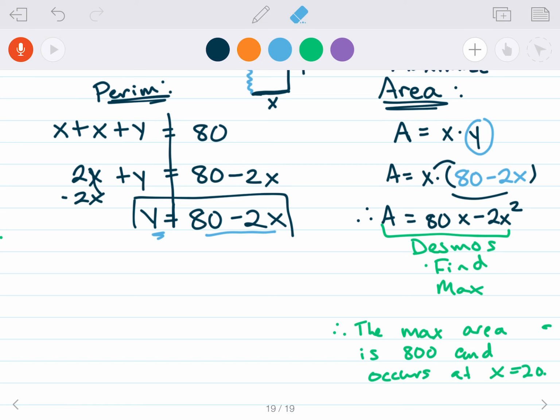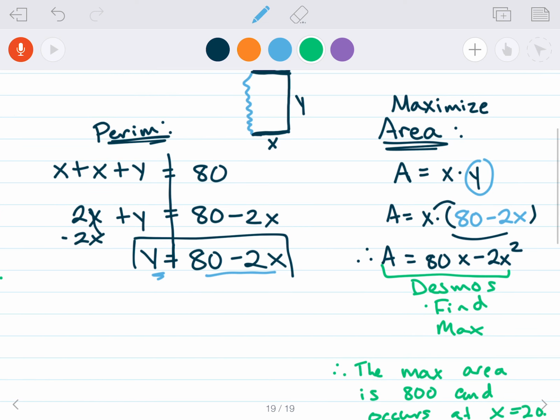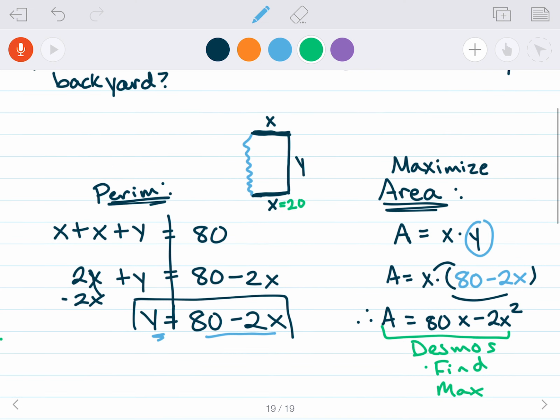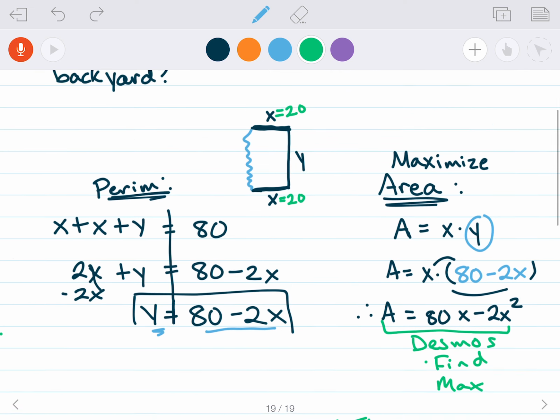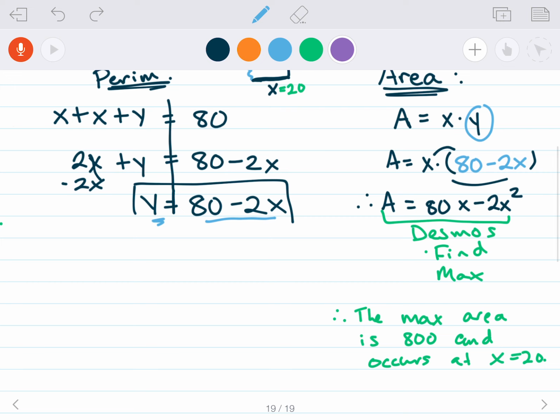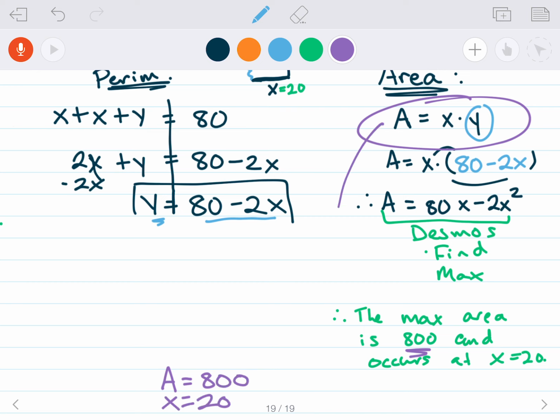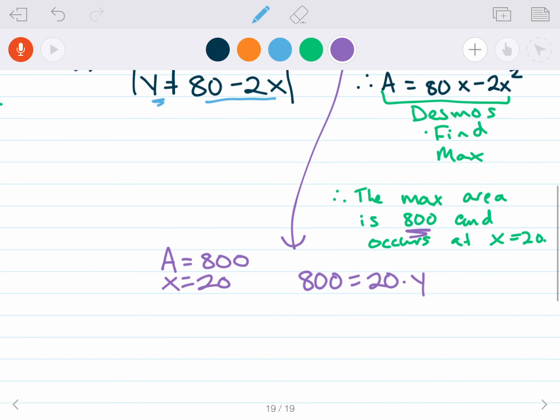Cool. We just found x, which was one of our dimensions. So x equals 20, that's part of our question. What do the dimensions need to be? But we also want the dimension y. And so to figure that out, I can just use this nice area formula. We just found out that when the area is equal to 800, x is equal to 20. So using this area formula, A equals x times y, I get 800 equals 20 times y, and I can solve for y this way.